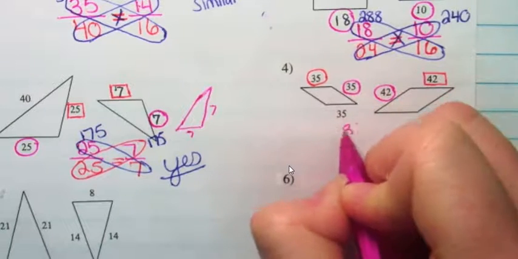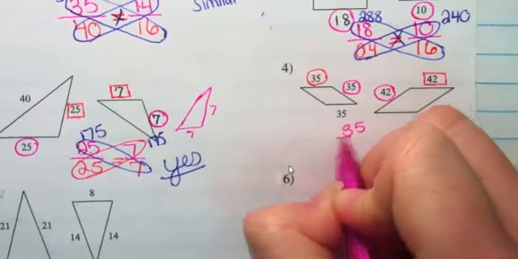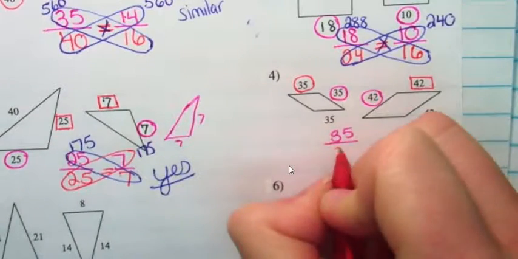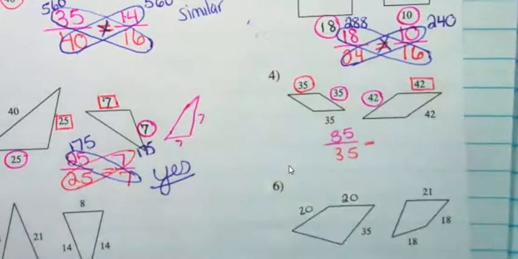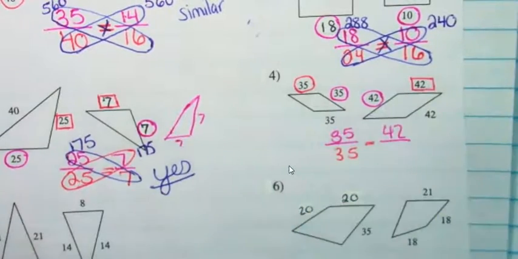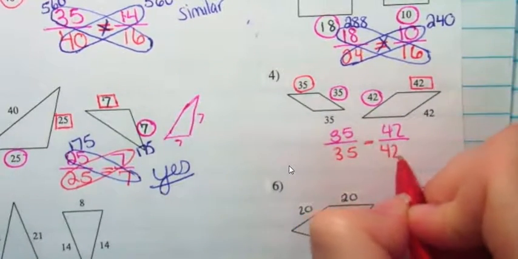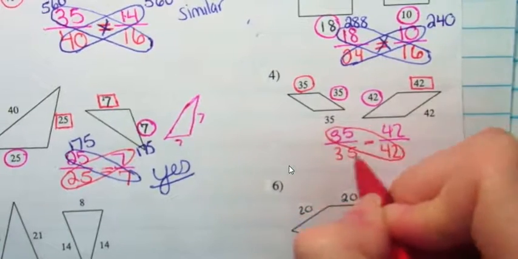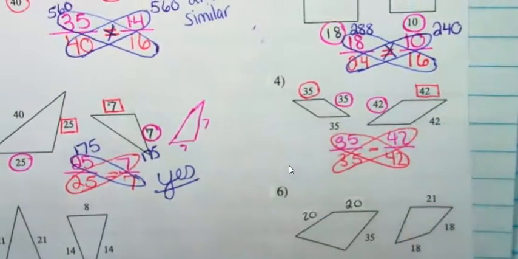We have our 35 and 35 equals, over here we have the 35 and 42 and 42. This is very similar to the last one we did where they're the same numbers, which gives me a hint. I think they're going to be congruent.